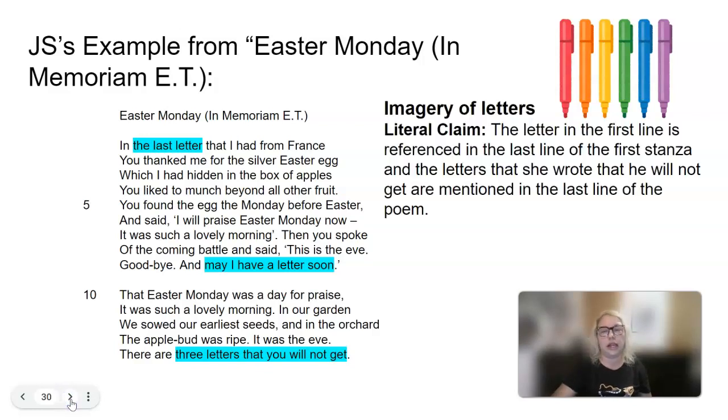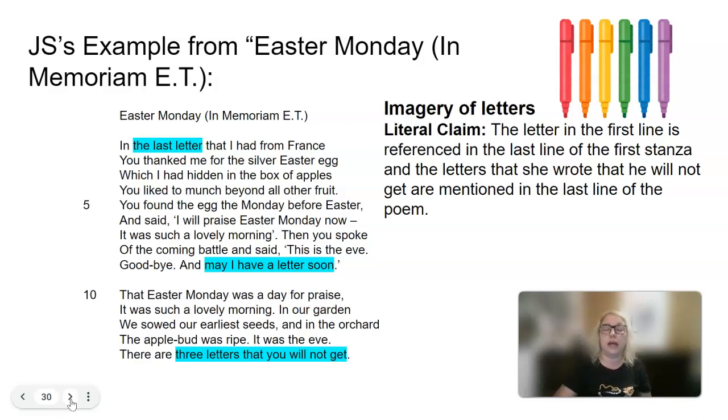A literal claim, and this is something that you're going to make after you trace the pattern, is a claim that cannot be argued against. It is unequivocal. It is true. So this has to do with analysis mostly, rather than evaluation or interpretation.